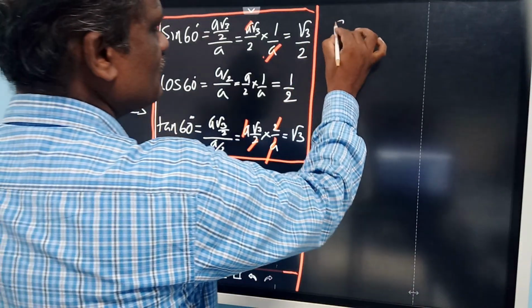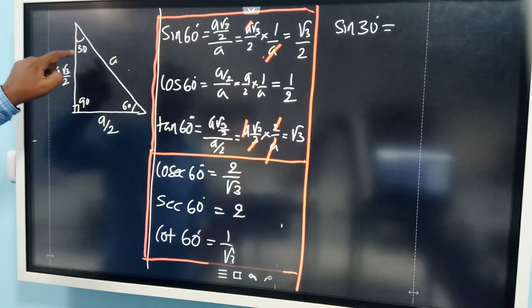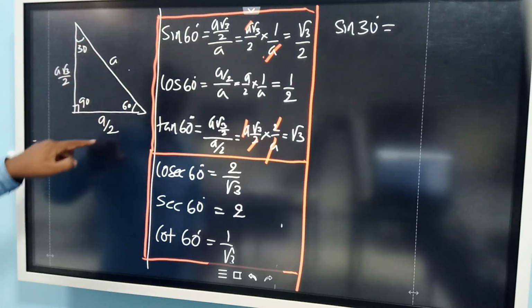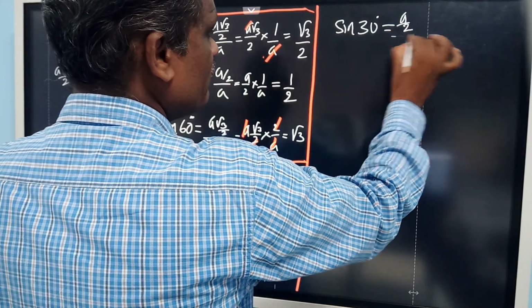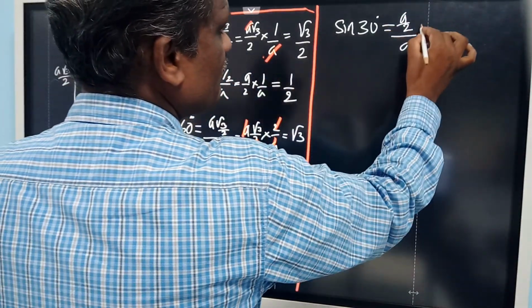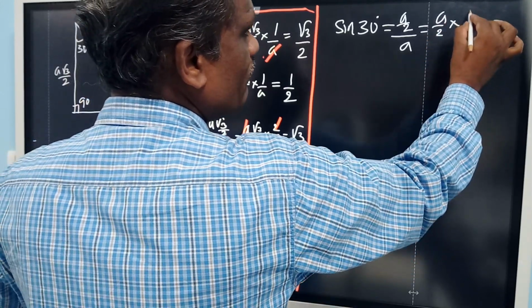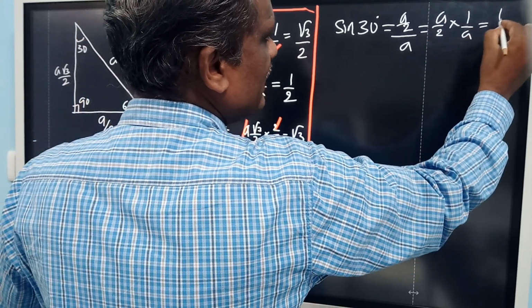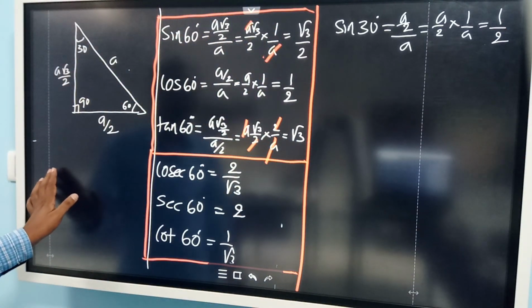I will write here sin 30 degree, with reference to this angle 30 degree, opposite side by hypotenuse. So it is A by 2 divided by hypotenuse A. A by 2 into 1 by A, A cancels, you will get 1 by 2. Sin 30 is 1 by 2.